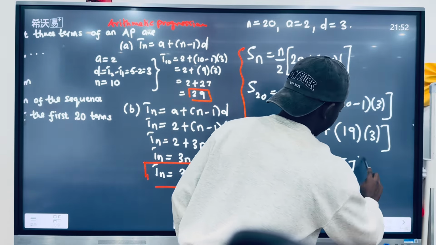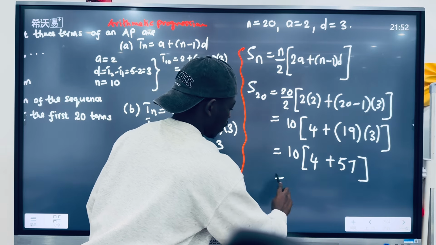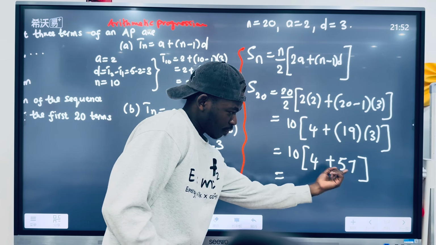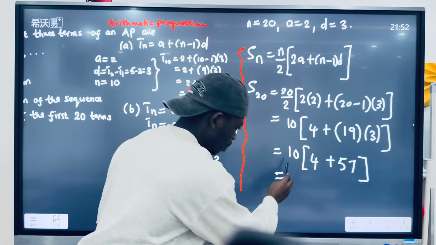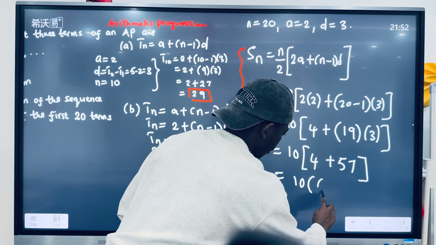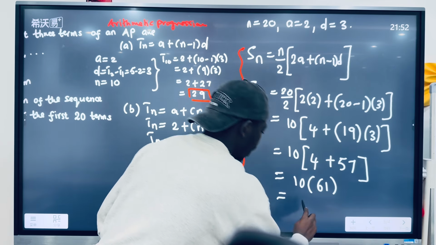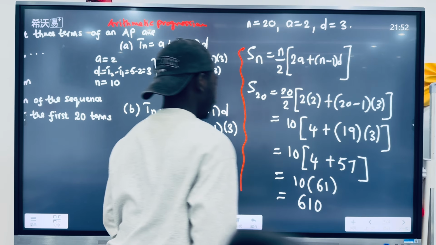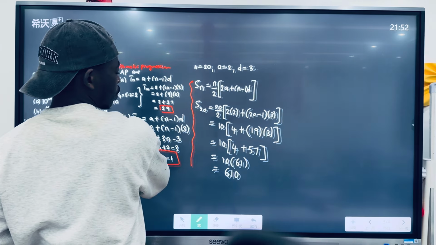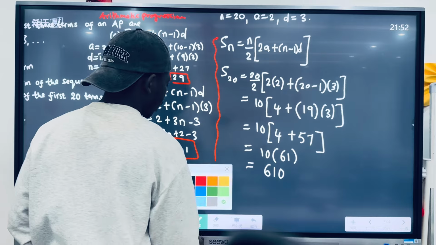You can take your time there and multiply. Then 4 plus 57, 61. But remember, there's a 10 outside here. Then what will happen here? 10 times 61, what are we getting? 610. So the sum of the first 20 terms here is 610.